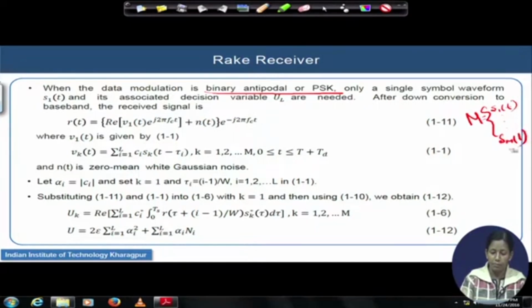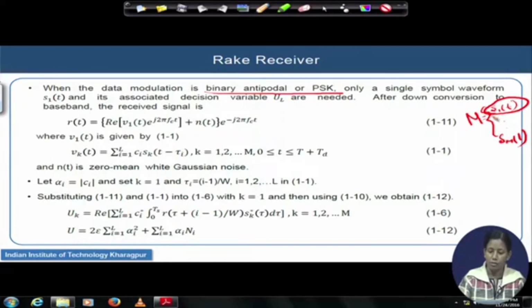If it is a BPSK signal, we have only a single bit going over one basis function, and hence the signal consists of only s1(t). Hence, the decision variable will also be single, only U1, associated with the L number of multipath components received with respect to a single symbol transmission.